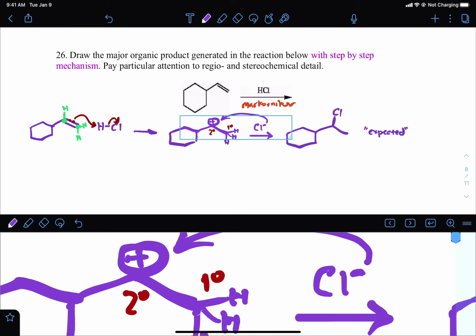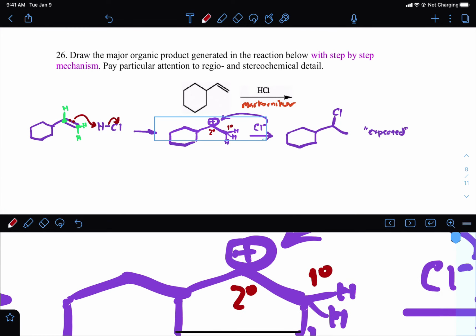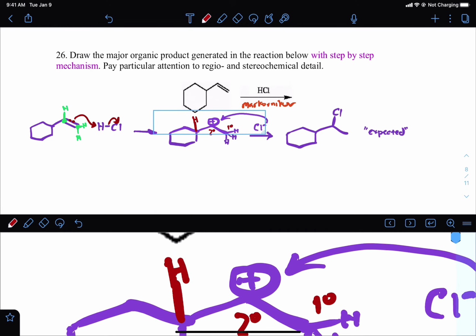Anytime you have an electron deficient species, look for rearrangements. So the most common type of rearrangement is called a hydride shift, where an adjacent hydrogen will move. Now, I'm going to show you what this looks like, and then I'll explain why it happens.